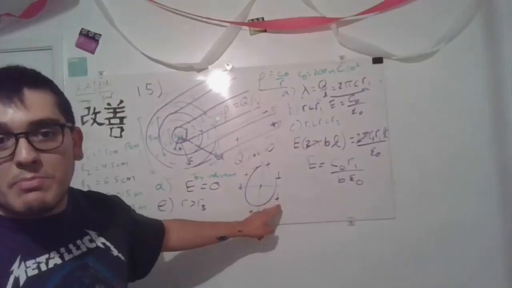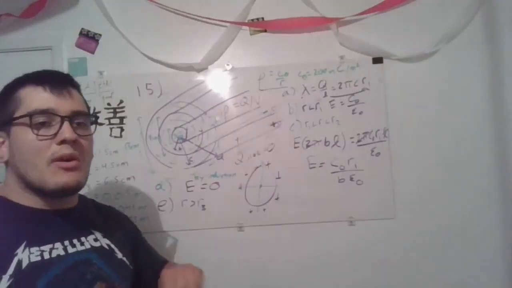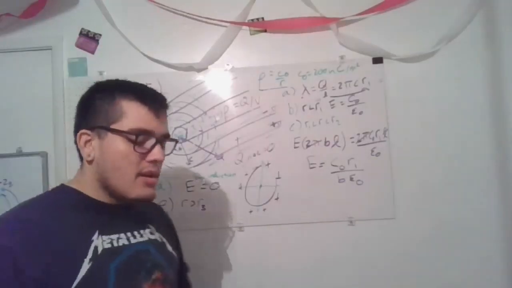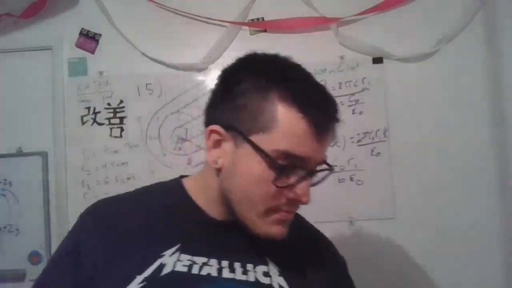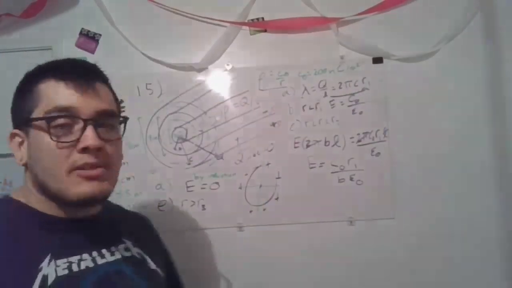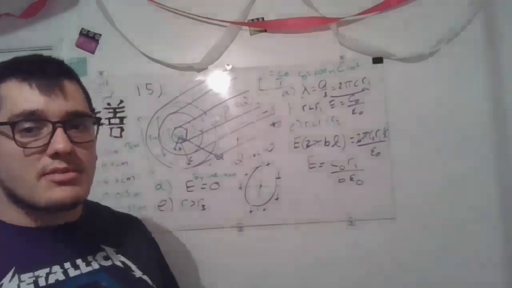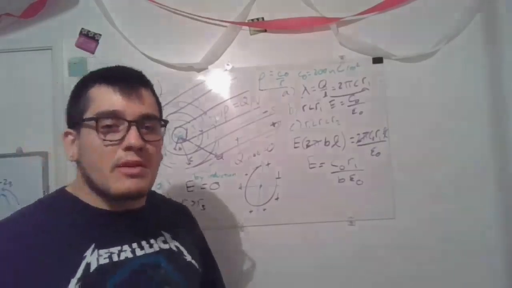This positive charge is pushing on this positive charge, and that one's pushing on this one, and so on, so they all want to get away from each other. But no, you can just put E as zero. In other problems, maybe you want to show your vectors. You can do that too. Show vectors, and then you can prove E is zero in the X direction or whatever it may be.